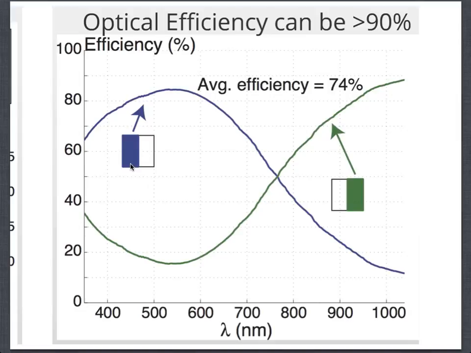As I said, in ideal conditions you want the optical efficiency to be as high as possible, so 100% is the ideal case. In this case, the average efficiency over the wavelength is 74%. I'll discuss how to improve the efficiency.